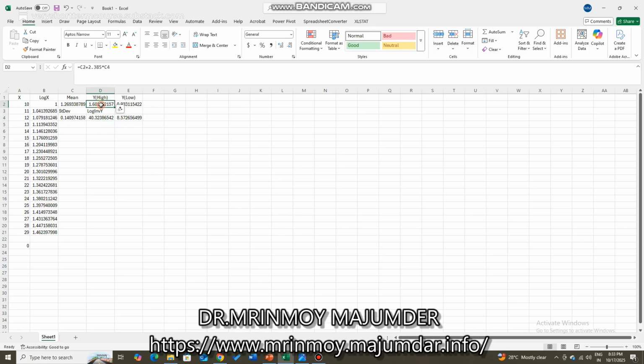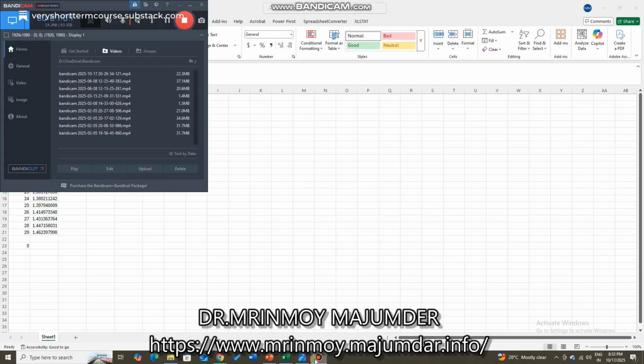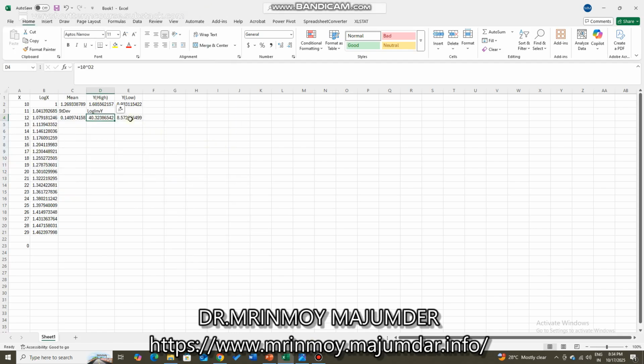The caret is the to-the-power operator in Excel. And similarly 10 to the power E2 will give the lower outlier value, not in log.